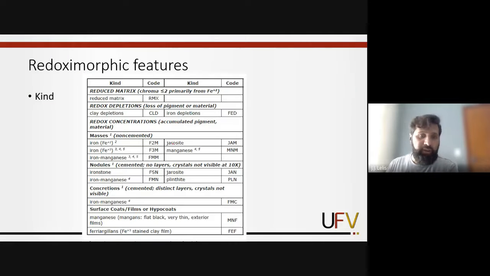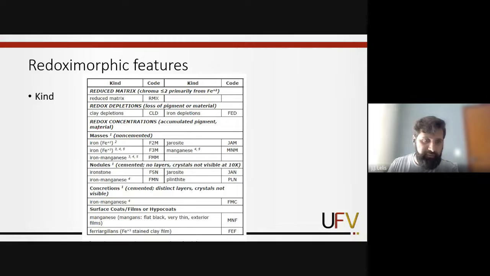We also can have jarosite or only manganese concentration in a soil horizon, and we can identify this difference, okay? All of them can be cemented or non-cemented.